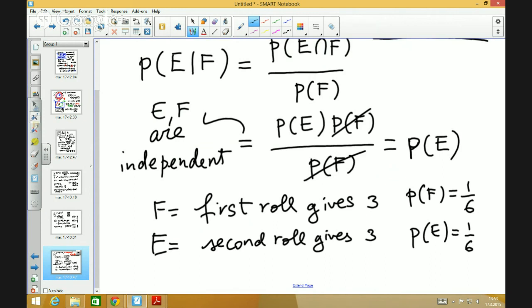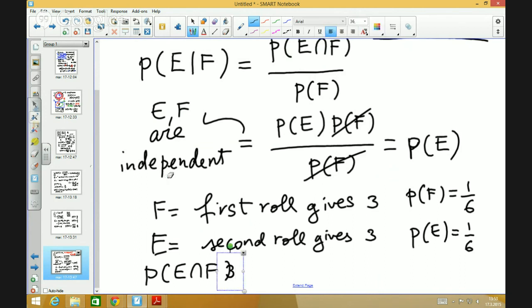But what is the probability of E intersection F? It's 1 in 36. Why? Because there is only one pair of outcomes, which is first roll is a 3 and second roll is a 3. It's 1 out of the 36 possibilities that you get by throwing the same die twice.